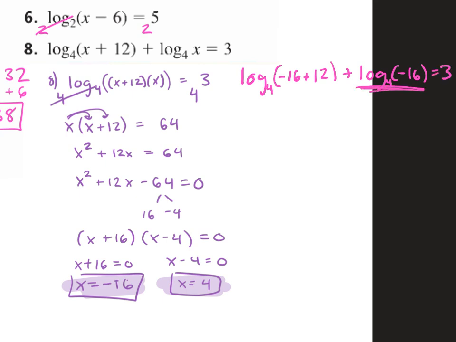We just said we can't take the log of a negative, and this would give us a negative 2. We can't take the log of a negative, so negative 16 does not work. So that eliminates one of our answers there. We can plug 4 back in to check. It would be positive, so 4 works. So anytime you have two answers like this, you always want to plug them back in and make sure you're not taking the log of a negative number.